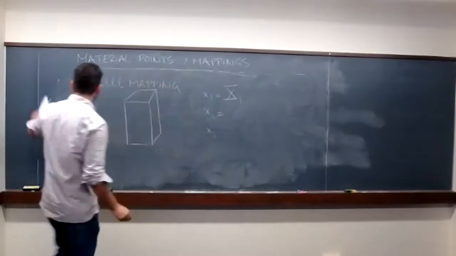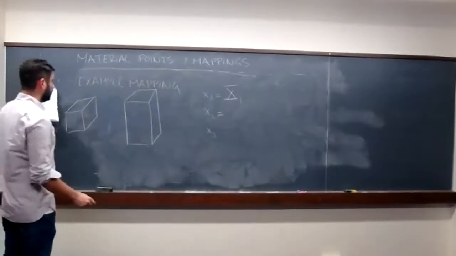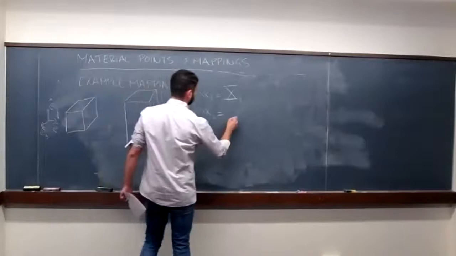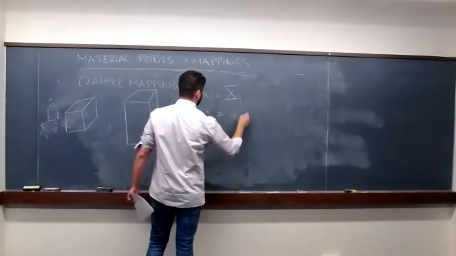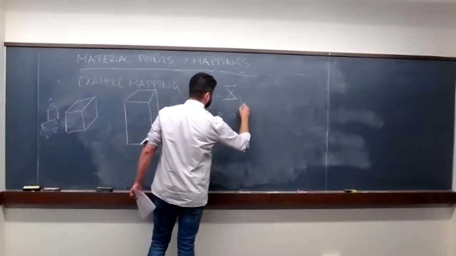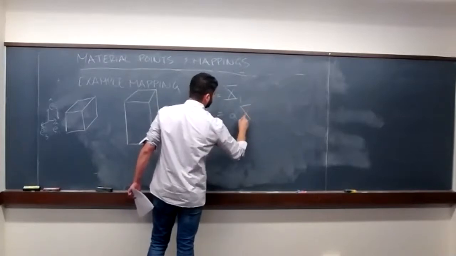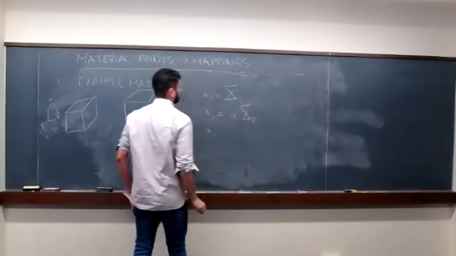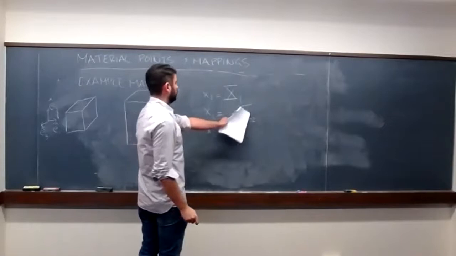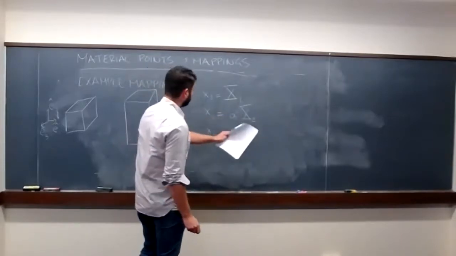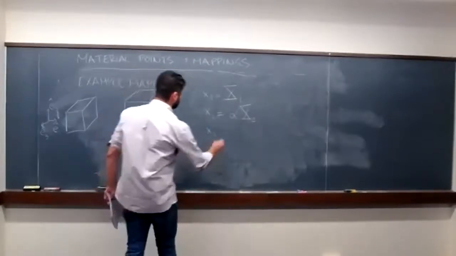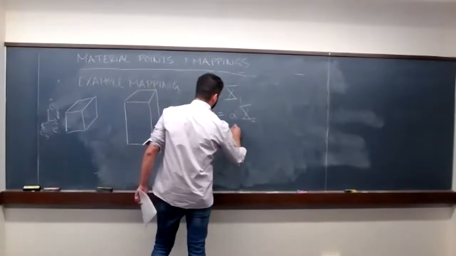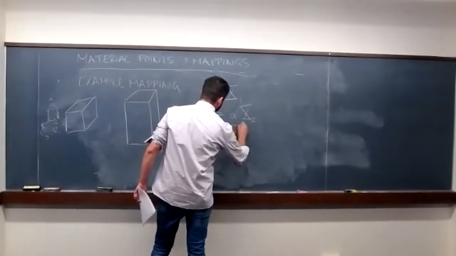Since we're stretching along the two direction, we're going to keep it simple. We have a simple linear relationship that stretches the reference coordinate into the current coordinate, and then the third coordinate doesn't change.